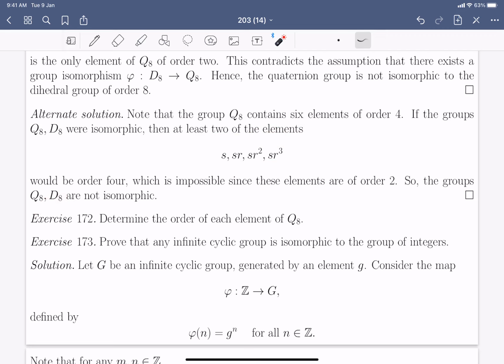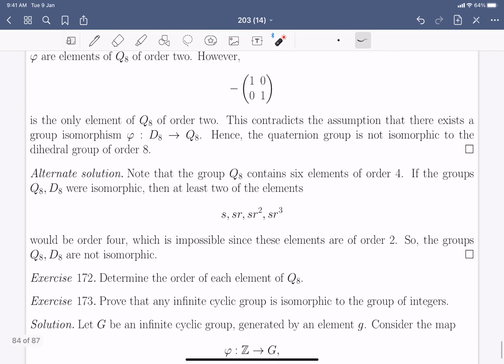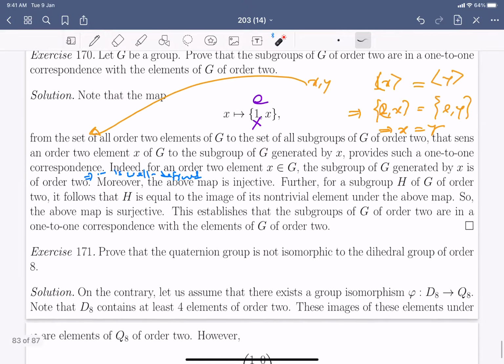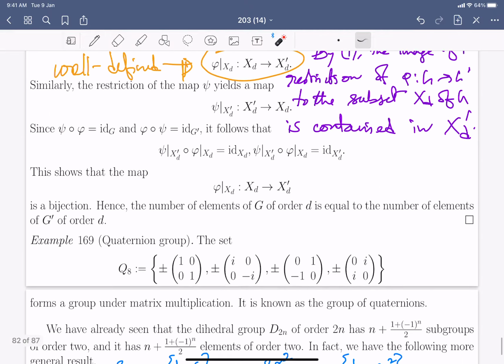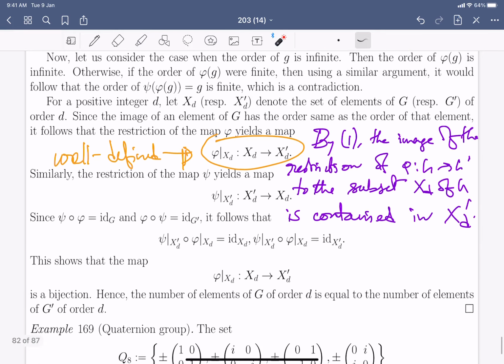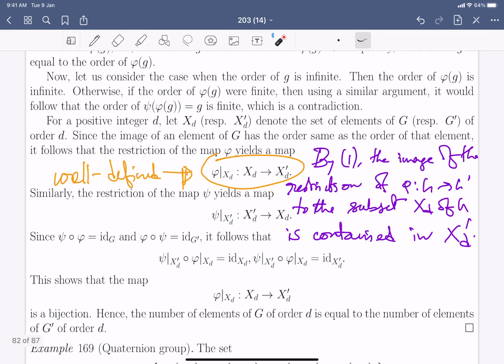Anyway, through all these arguments, what I'm trying to point out is that if you are given two groups, then usually there is no standard method to prove that they are isomorphic or to disprove that they are isomorphic.